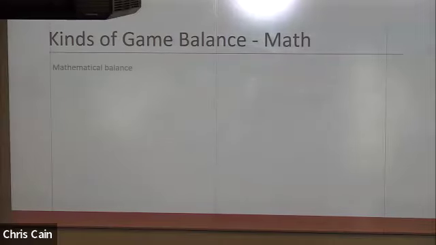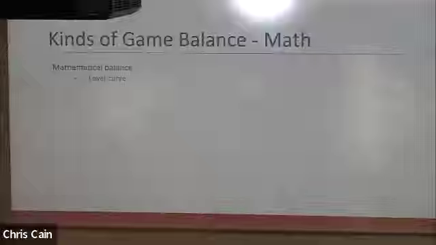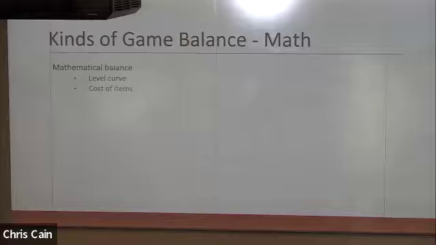So kinds of game balance. There's your mathematical balance. Aspects of your mathematical balance include things like your level curve, meaning how much experience is needed to reach a level. How does that change as you go from level 1 to level 2 to level 3, level 10 to level 11, etc. The cost of items in terms of some currency or in terms of some time or some other variable that might relate to a reasonable cost of an item.